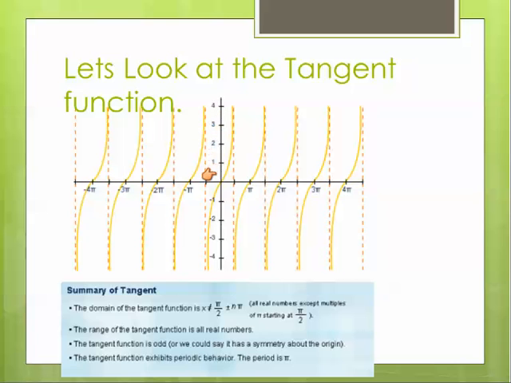I have to go through the origin here to get to the mirror image points here. And that's called an odd function. The tangent function has a period as well, where the normal sine and cosine functions had a 2 pi. This one has repeated twice by that time. So it has a period of pi.